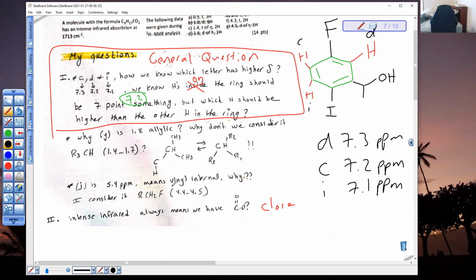And she asked about, does an intense infrared absorption matter? Now, we don't teach any IR in this course, but the only thing I do, and it repeats over and over on exams, is that anything near that number means we have a carbonyl. That's why I said she was close here. So get rid of that. It doesn't necessarily mean ester or carboxylic acid.